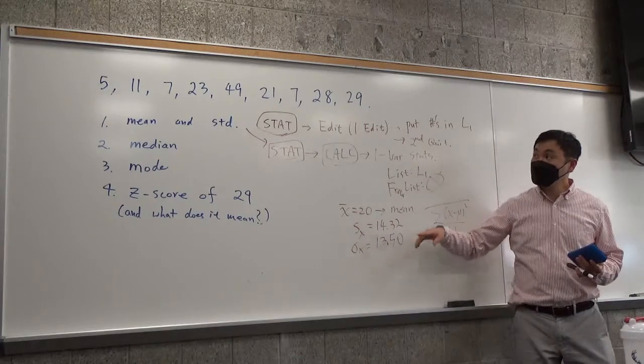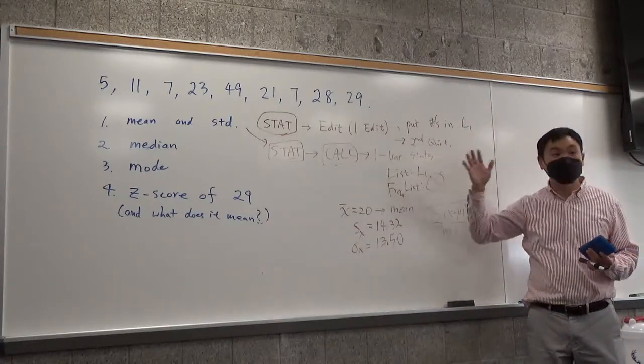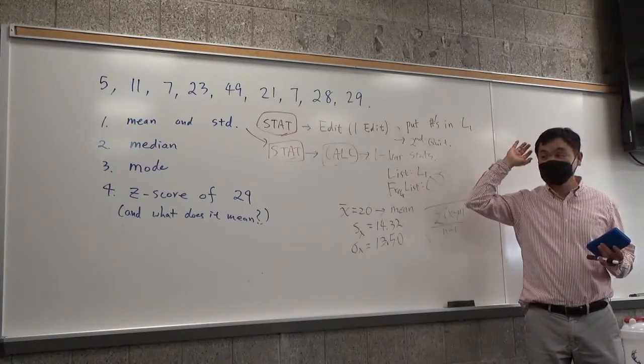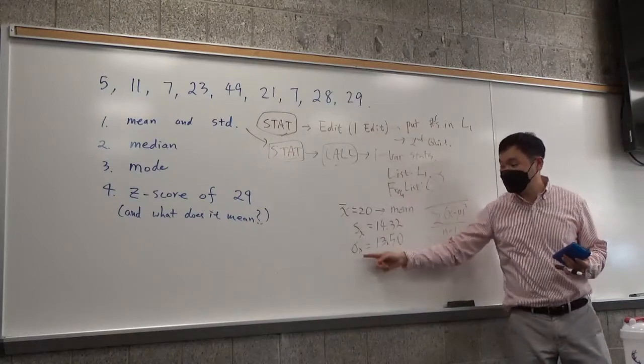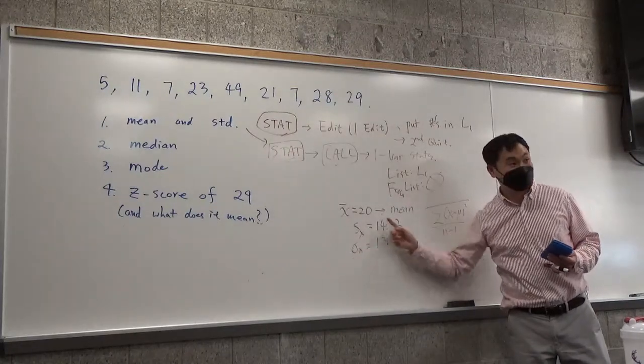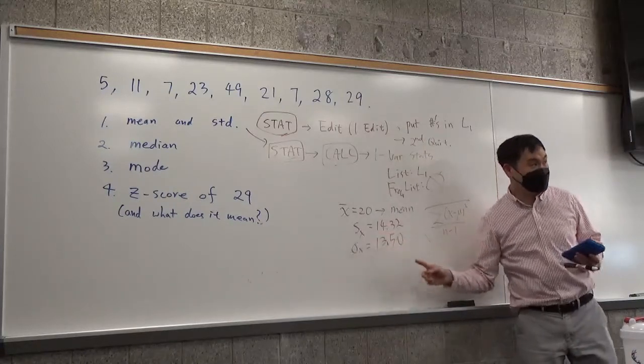And when there is no reference to the population, when the purpose is not about getting or predicting the values of the population, you treat the given data as the entire population. That's why we use this one, okay? The given data is thought to be the population.